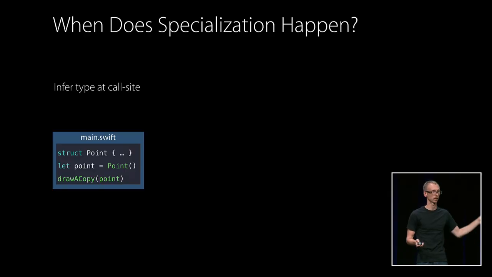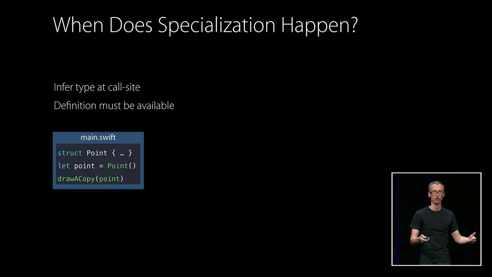It can do that because it can look at that local variable, walk back to its initialization, and see that it has been initialized to a point. Swift also needs to have the definition of both the type used during the specialization and the generic function itself available. Again, this is the case here. It's all defined in one file.